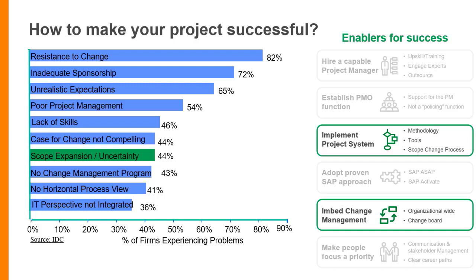And we also need to have the soft side of things. We need to have the change management, both the organizational change management effort, but also the change board. So these 2 enablers are critical if we want to address the scope expansion.